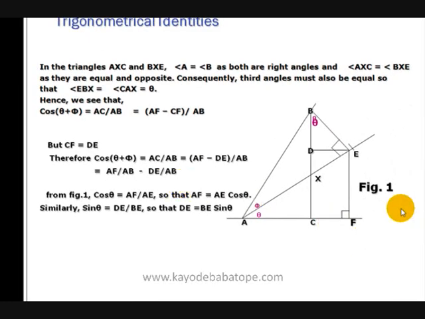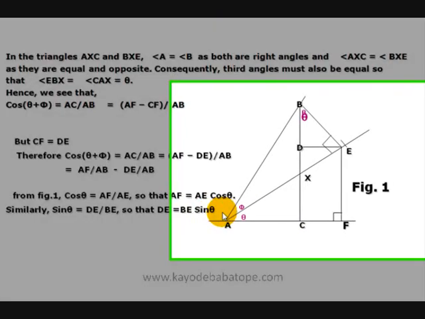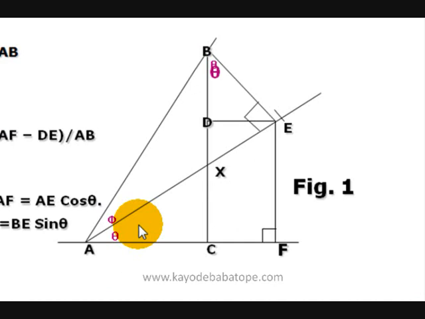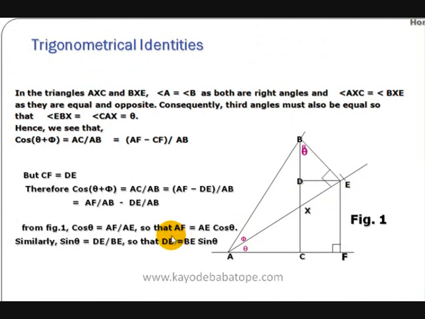from the figure that you are seeing on your screen, cos theta is equal to AF over AE. Did you get that? Cos theta is adjacent over hypotenuse. Adjacent is AF over AE. That is based on the triangle AEF. From the triangle AEF, cos theta equals AF over AE. Therefore, if you make AF the subject of the formula, you will have AF equals AE times cos theta.